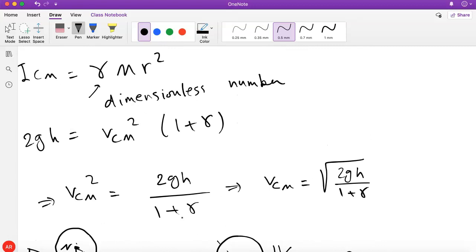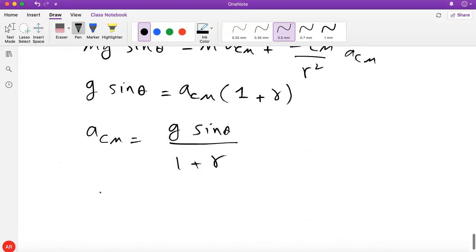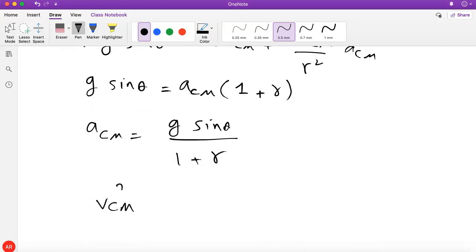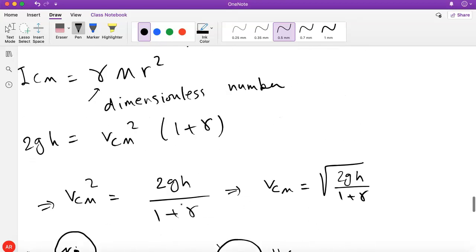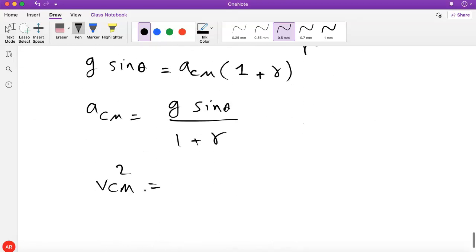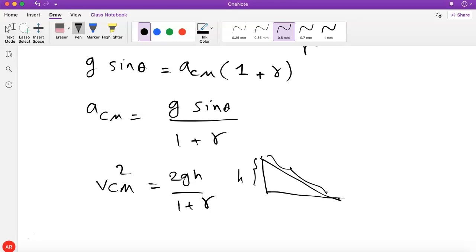Remember the equation we found for VCM squared? So we found VCM squared to be 2gh over 1 plus gamma that we found from energy conservation. So if this is h, this is L, the distance you move along the inclined plane, h is actually L sine theta.